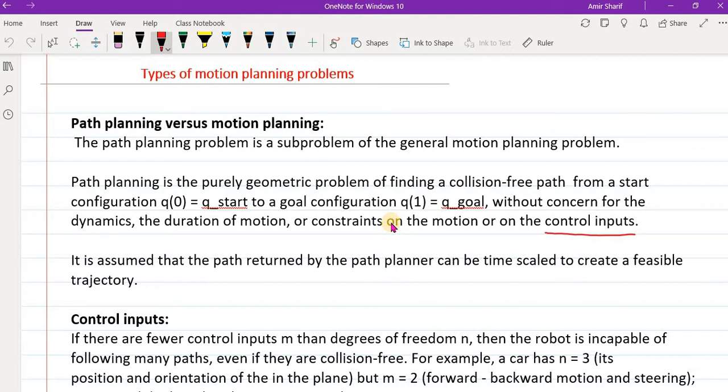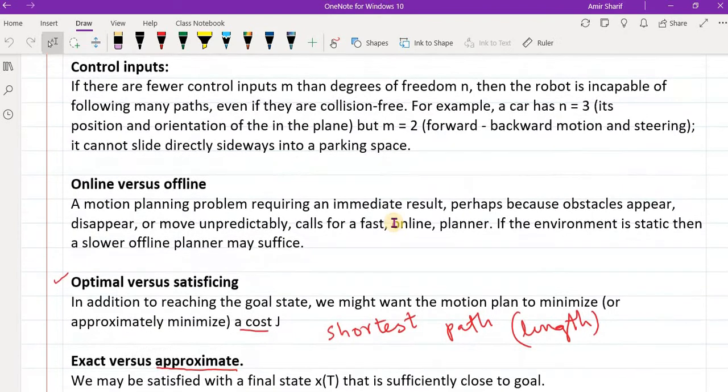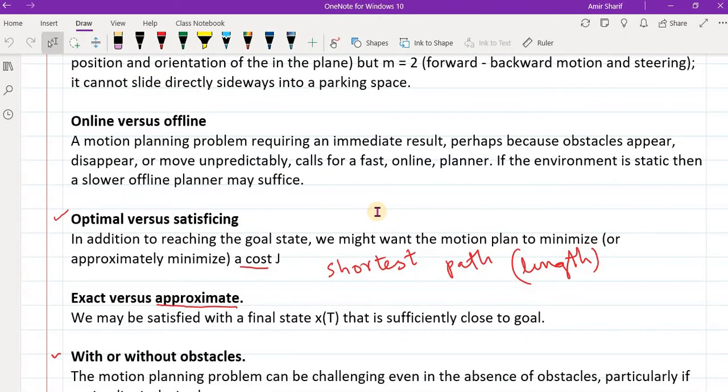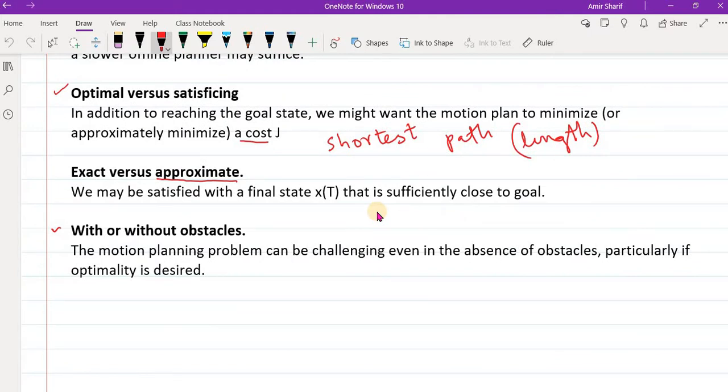We don't need to consider the torques or the control inputs. Here we can also select the easiest one, which is offline path planning, in which we assume that the environment is static and the obstacles are not moving, and then we can ignore optimality. At the start we say that only a feasible solution is enough for us.